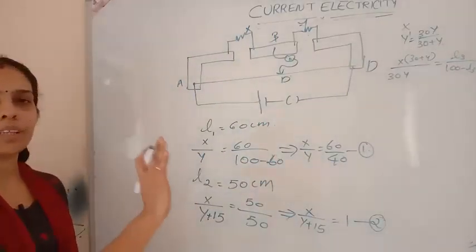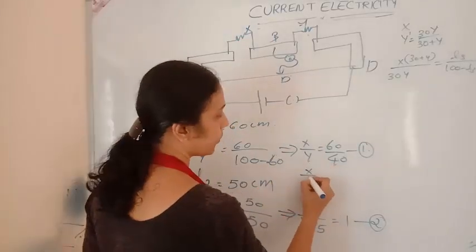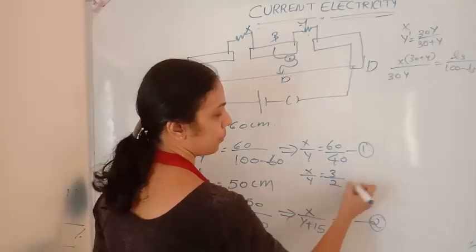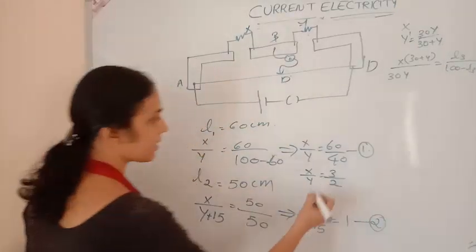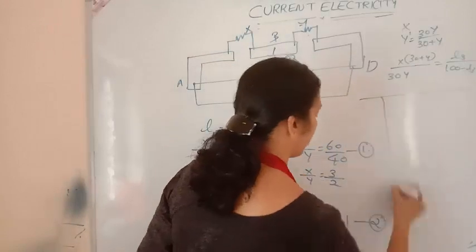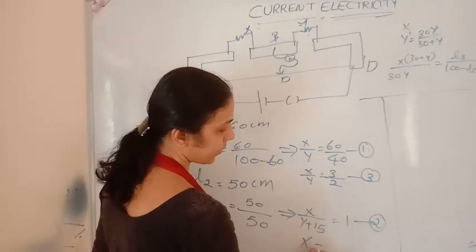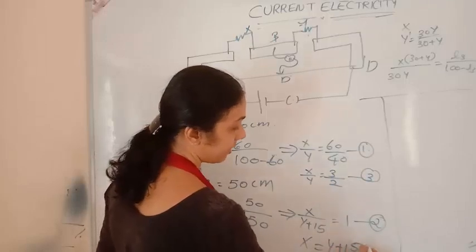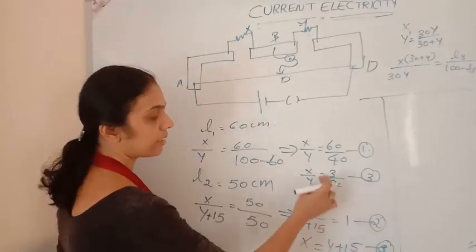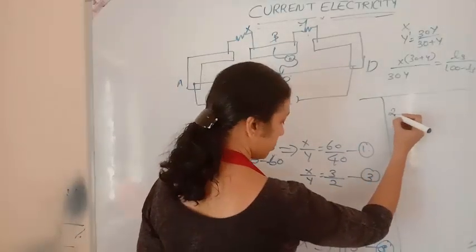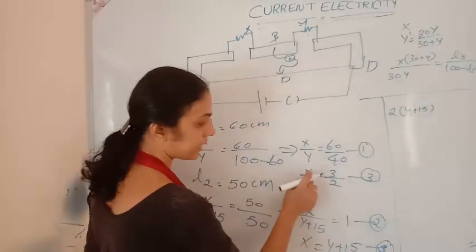For that we need these X and Y values. So X by Y equals 3 by 2, and X equals Y plus 15. So here we can substitute this. X by Y equals 3 by 2, that is equation 3, and X equals Y plus 15, that is equation number 4. Substituting 4 in 3, we get 2 into (Y plus 15), because 2X equals 3Y.